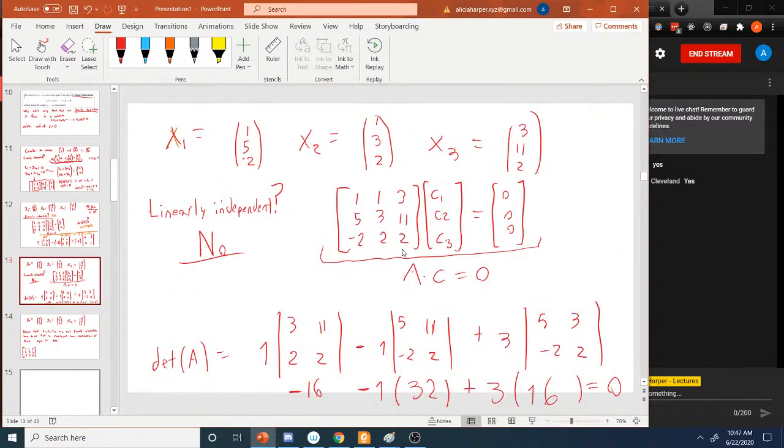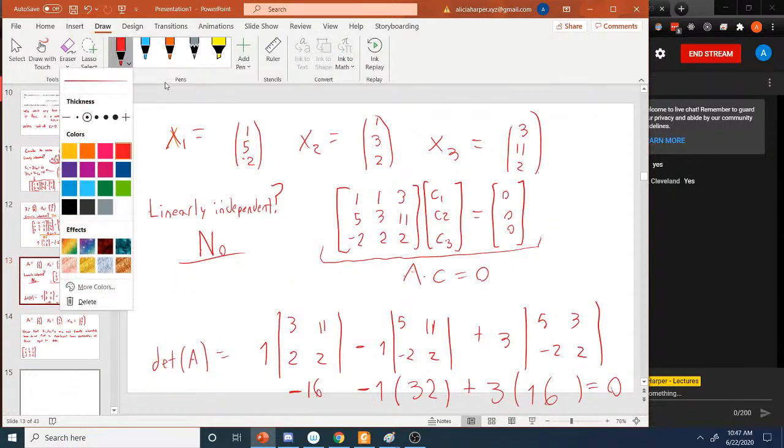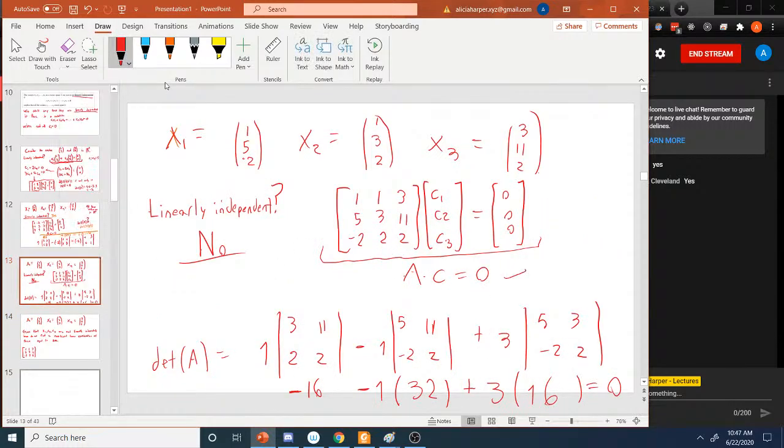So basically, if I'm applying a row operation, I'm taking this equation and multiplying it on the right by a matrix E. So I would have E times A times C is equal to E times 0, which is just equal to 0. So as I'm applying row operations, I never actually change this C, because all that's happening is on the right.